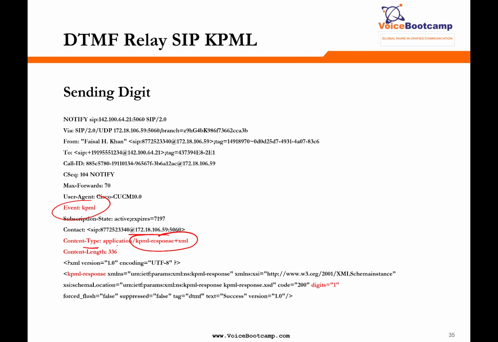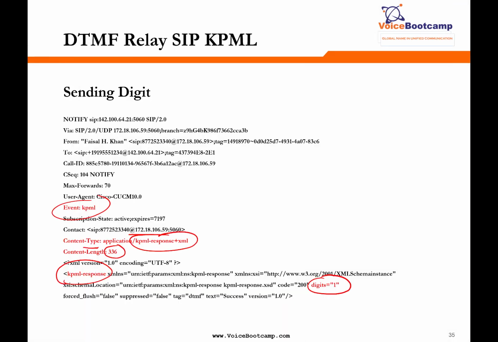So for KPML, the content length is always going to be 0. The KPML response will be the XML code with the digit that you are trying to send, like for example the digit 1. In this case, the digit 1 will be passed within that particular message. If you press digit 2, then the next notify message will be initiated as well.